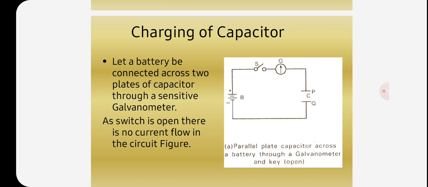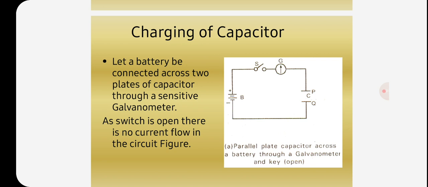Let a battery be connected across two plates of a capacitor through a sensitive galvanometer. As the switch is open, there is no current flow in the circuit.